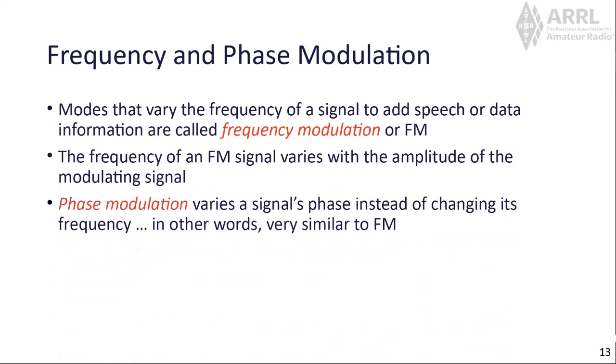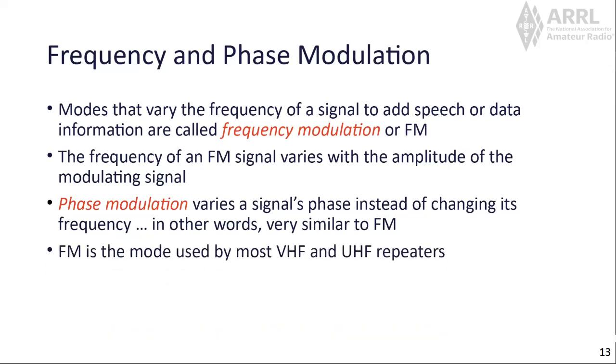Remember they said that it could be simple or complex. This is the complex one. Phase modulation varies a signal's phase instead of changing its frequency. Or as they say, in other words, very similar to FM.